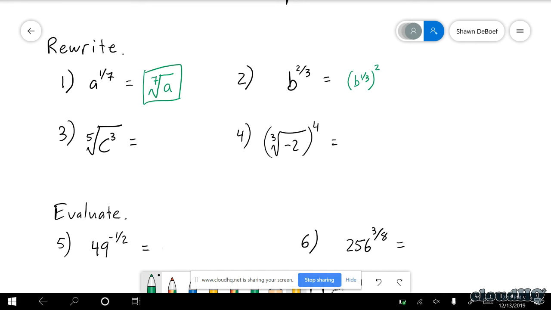You don't have to bother rewriting it in this step every time, but it might be helpful. And so now we see that if it's b to the 1/3, that would be the 3rd root of b. But then, because the numerator was 2, we have to square it.